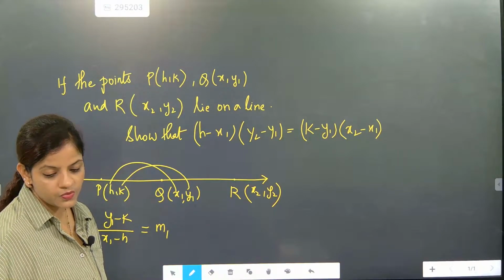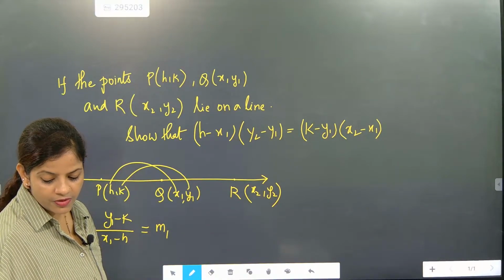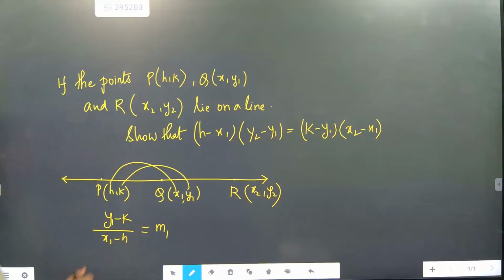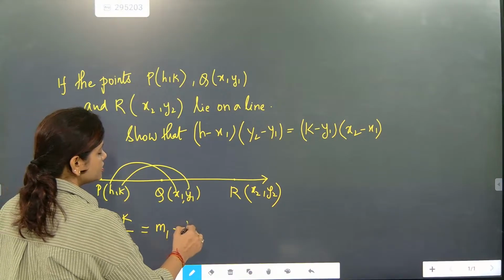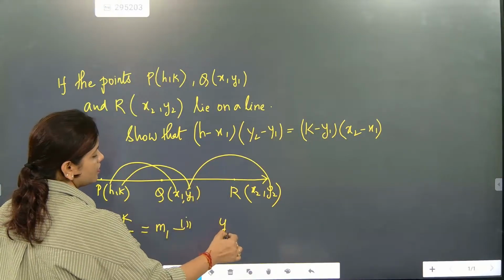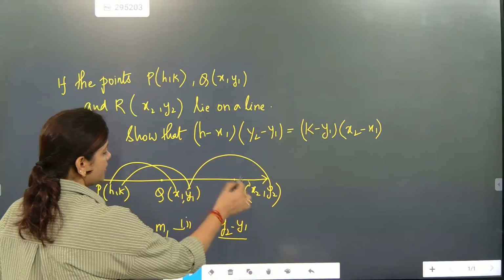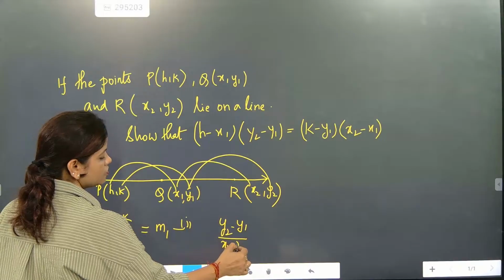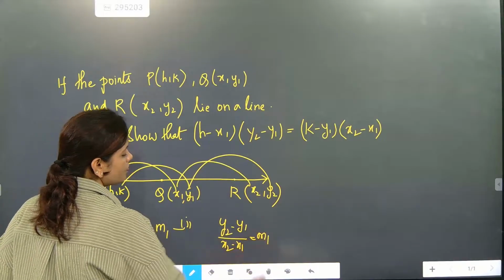You remember this one. So here this part is m1. Now this slope will be taken as (y2 - y1)/(x2 - x1), which is equal to slope m1.